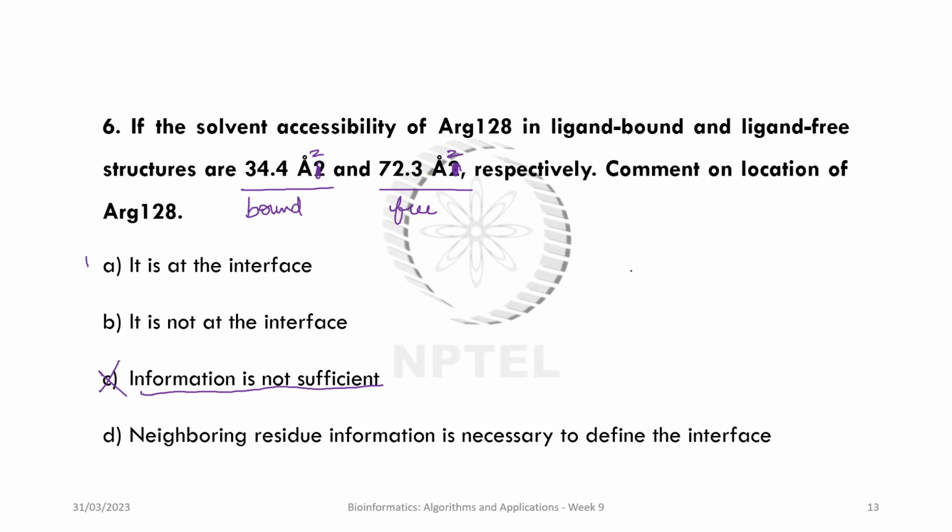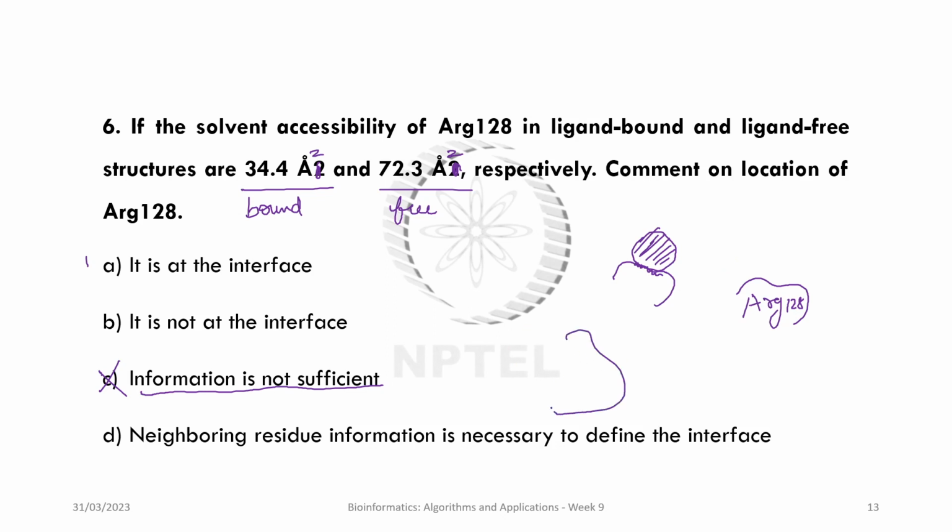Which means in ligand bound form, it has a lesser surface area because the ligand is touching. And in the absent form, there's greater area for the solvent to access this residue, arginine 128, which means it is at the interface, correct?